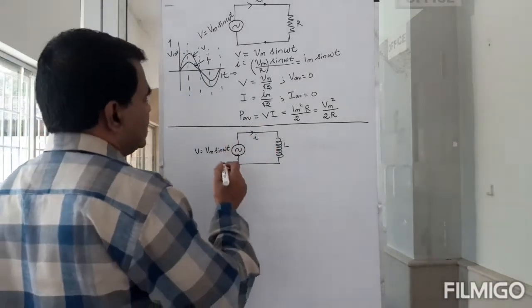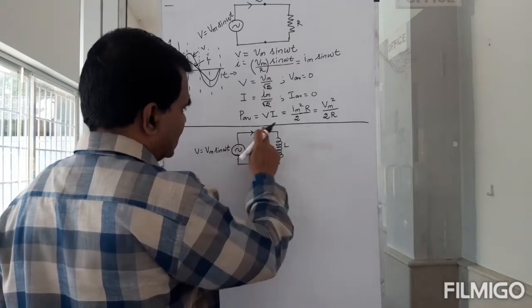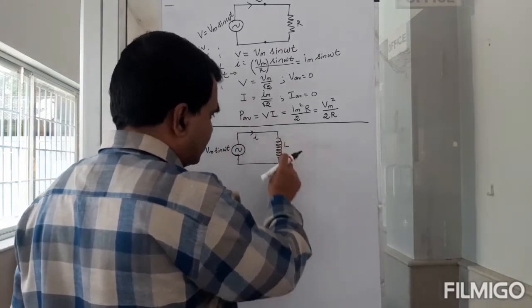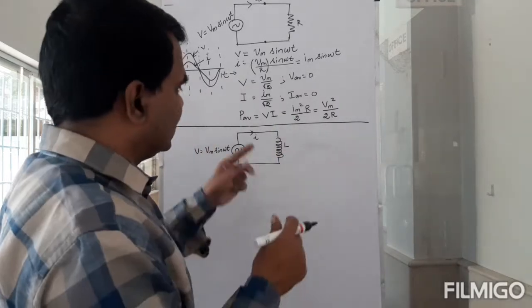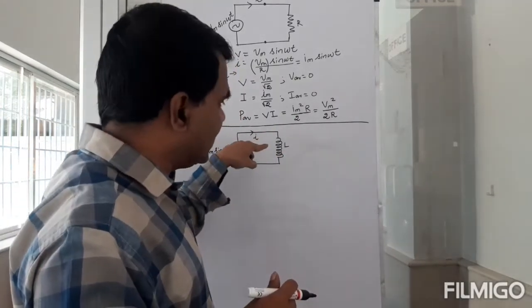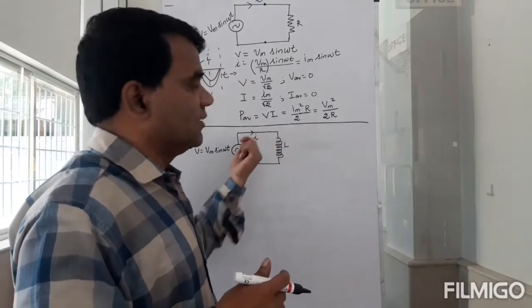Okay? So what happens is that this AC source will try to send a current, and that will try to set up a flux. And since the voltage is varying, the current will also vary. As the current varies, the coil will start opposing that change.